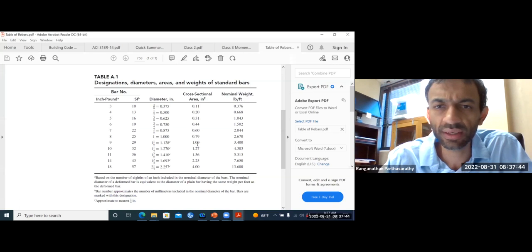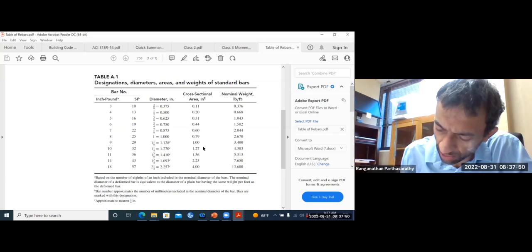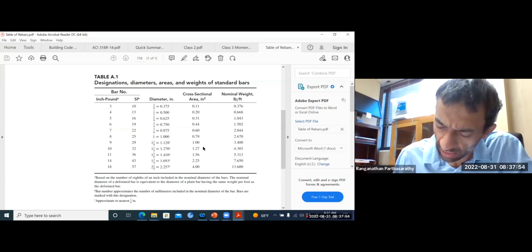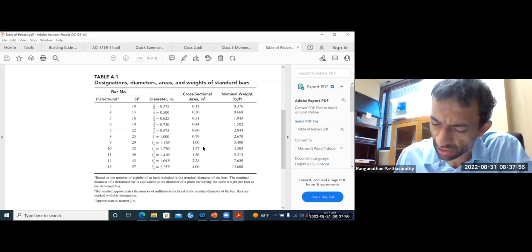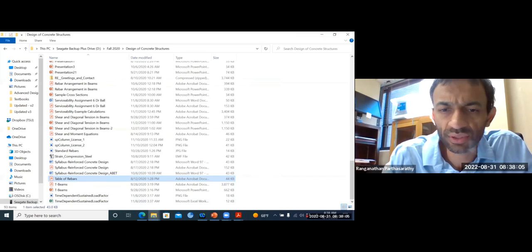What's the total area? 2 times 0.79 plus 2 times 1.0. So that's 3.58. And you multiply by your modular ratio 8, you got 28.64, right? Okay, so that works out.